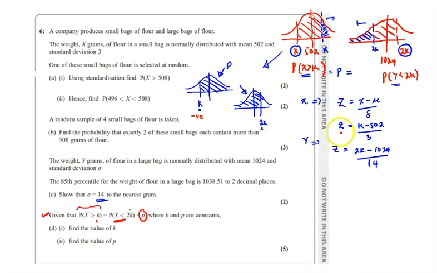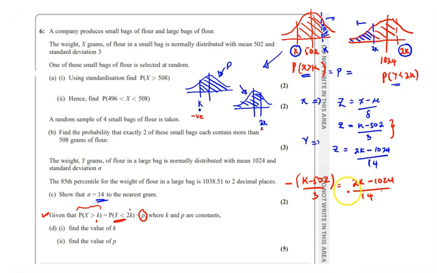So the z value of x, which is k minus 502 over 3, is equal to the negative of the other, because they are the same but opposite. The negative on the x is equal to 2k minus 1024 over 14.